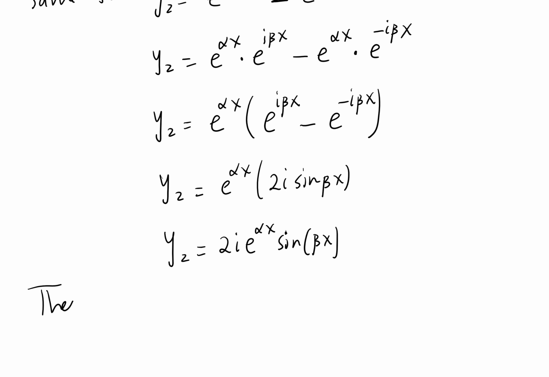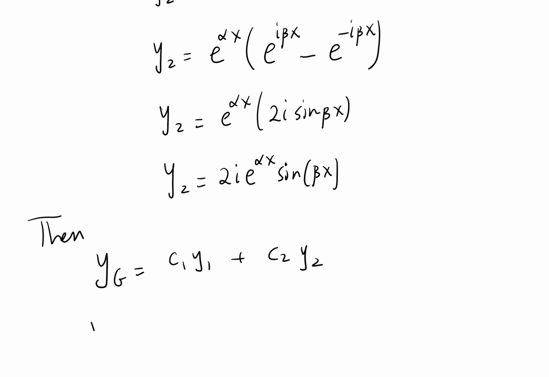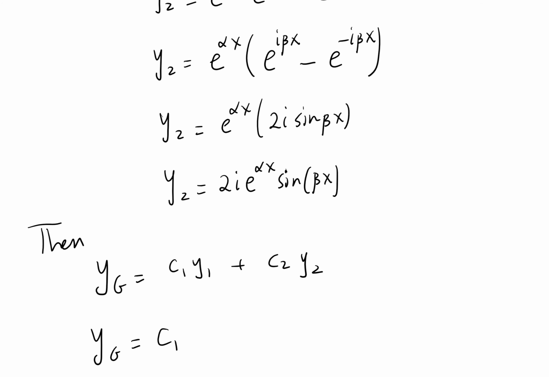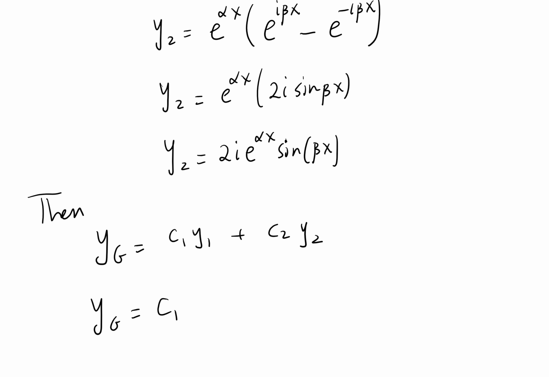Then the general solution is C1 y1 plus C2 y2. It's a linear combination. Y1 we proved is 2 e to the alpha x cosine beta x. That 2 is a constant, which you don't need; it's within C1.